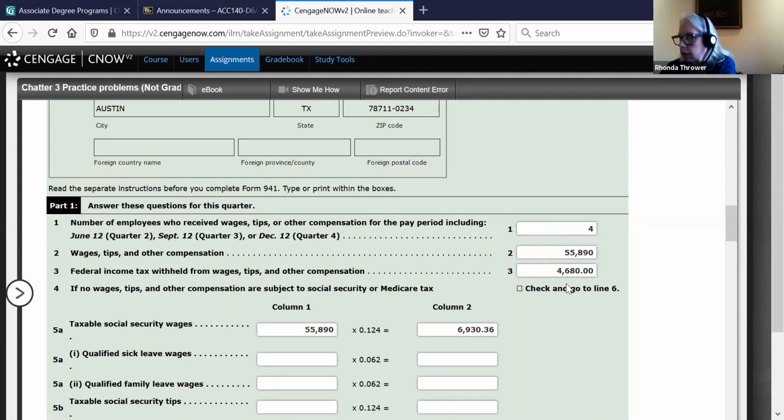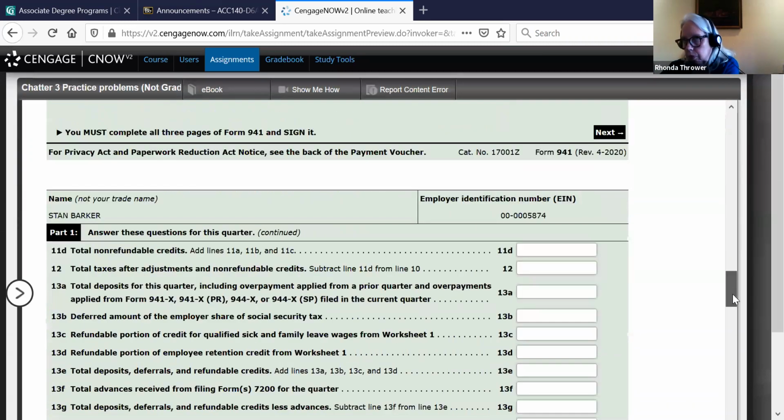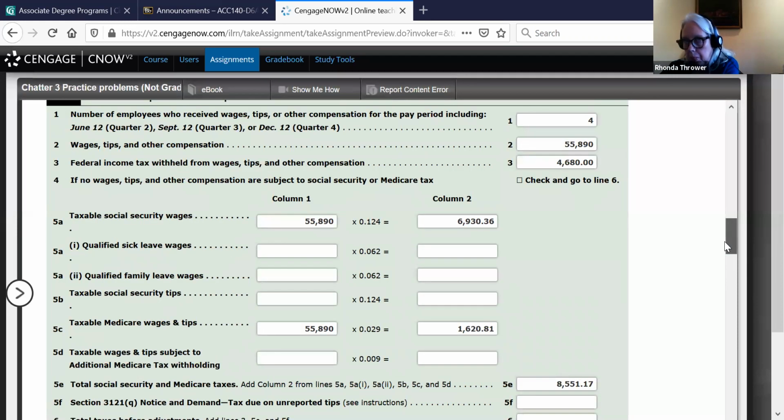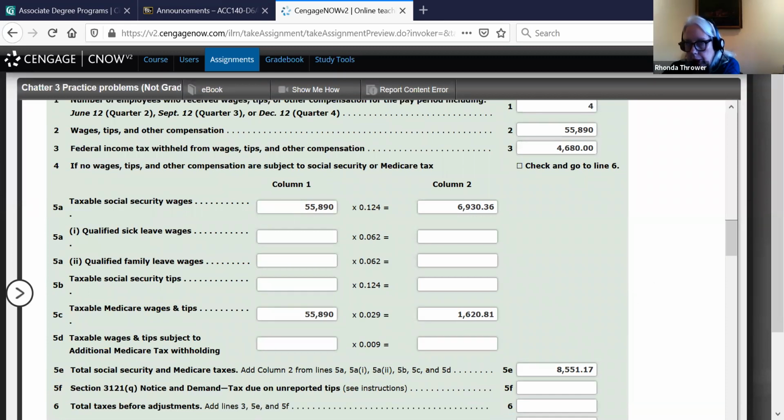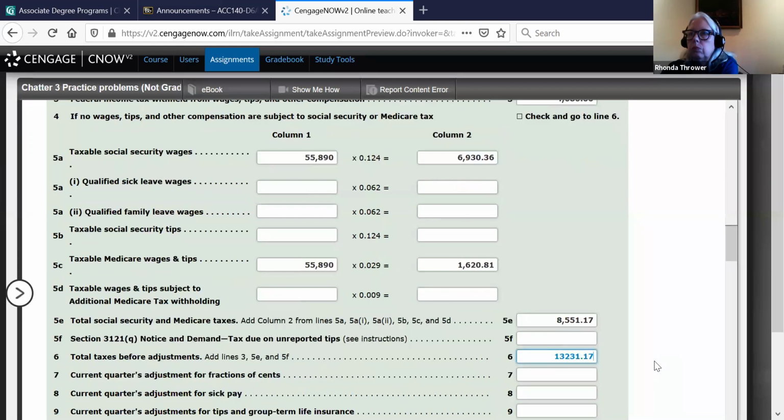I'm going to add that, 4,680, to my line 5E, and the total is 13,231.17. And that's my total taxes before adjustments.